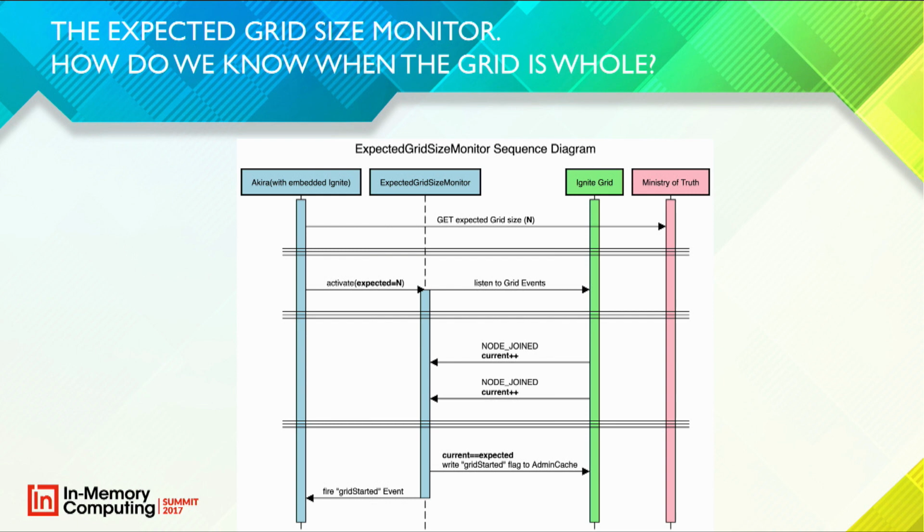We write a grid started flag into a shared data space, which is just a cache since we're running shared memory anyway. So we write into there several pieces of data, but one of them in this case is the grid started flag, and then we fire a grid started off to the Akira, so it can then wake up and start the Kafka listeners.